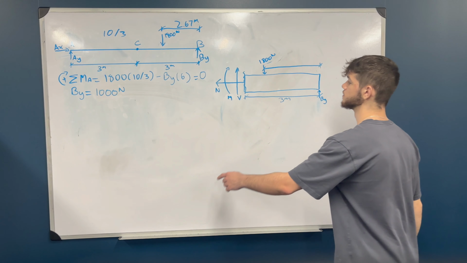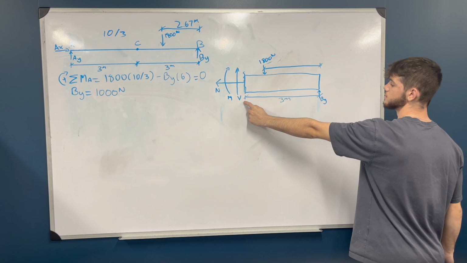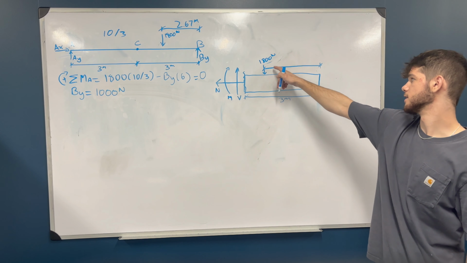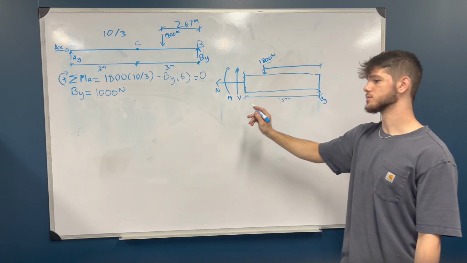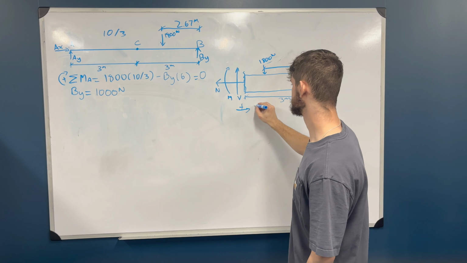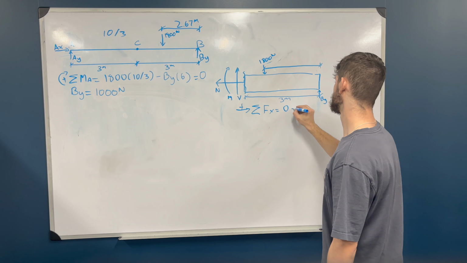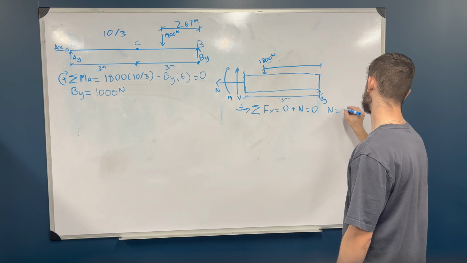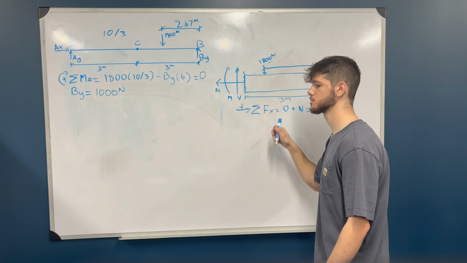Step 2: we come over to the section diagram at C in order to find shear, moment, and axial force. We know the 1800 is at the same distance as up there. We start by finding the axial force, labeled in the positive direction. N equals 0 Newtons, since there's no force in the x direction.